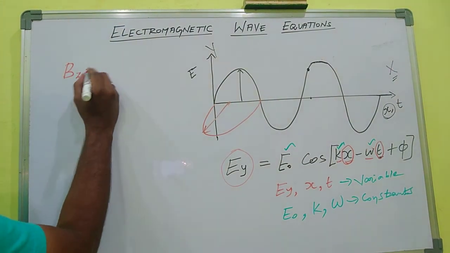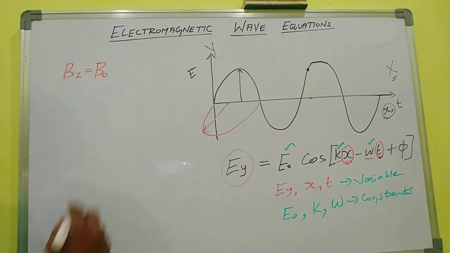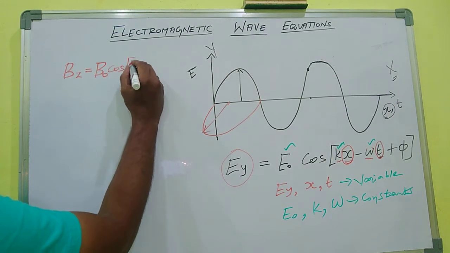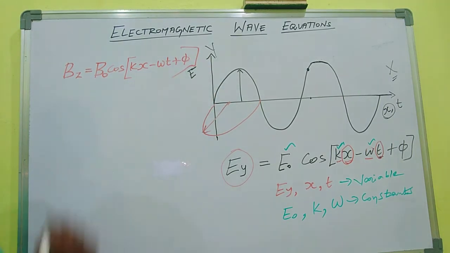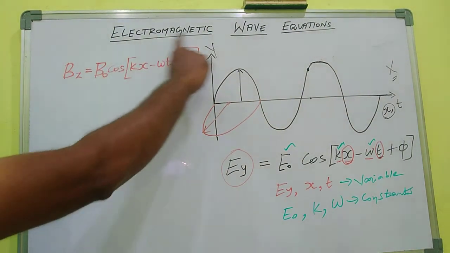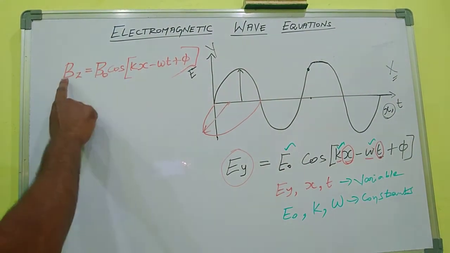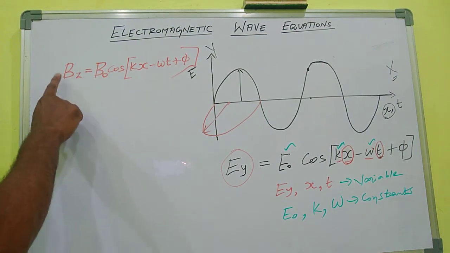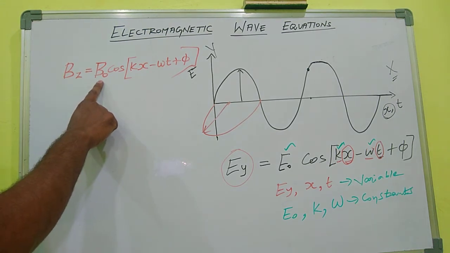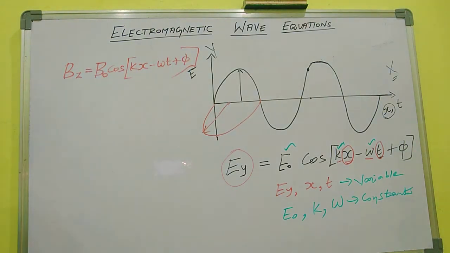So Bz is equal to B naught cos(kx minus omega t plus phi), where B naught is the peak value of the magnetic field. This is the equation for the magnetic field vector in an electromagnetic wave. Bz is the magnetic field propagation in the Z direction. The remaining things, k, x, omega t, are all the same.